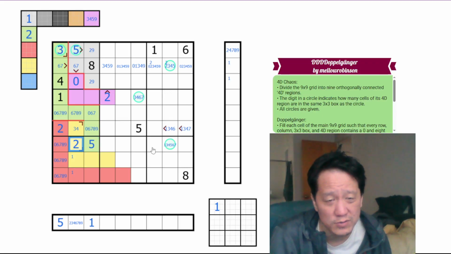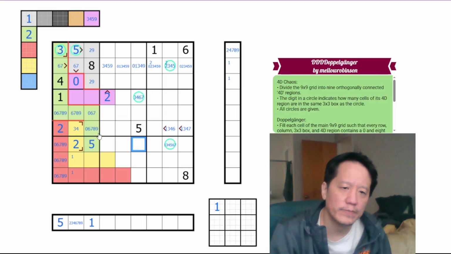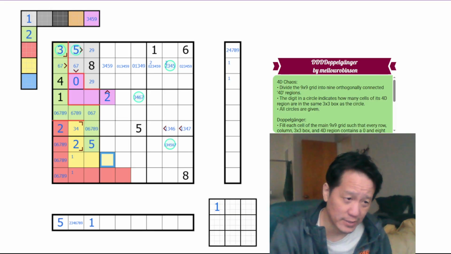So far, this is looking kosher, which is not great. Huh. Hmm. I mean, it's looking fine.